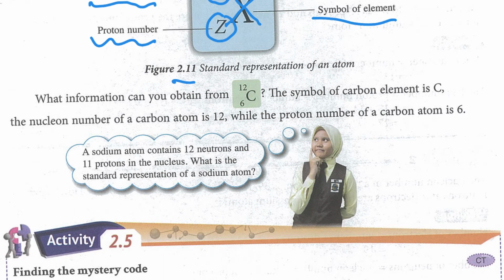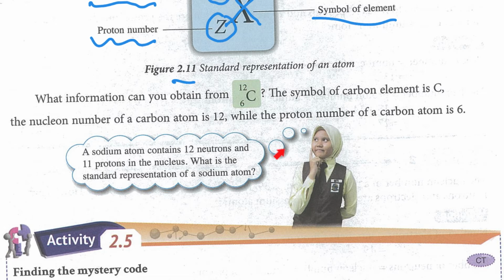We explain it this way: the symbol of a carbon atom is C. The nucleon number of a carbon atom is 12, while the proton number of a carbon atom is 6. So overall, these are the information that you can obtain when you see a standard representation like this.